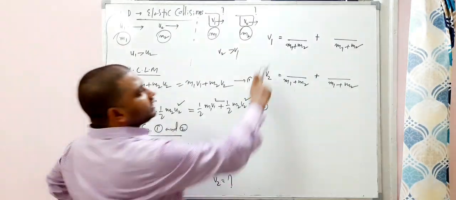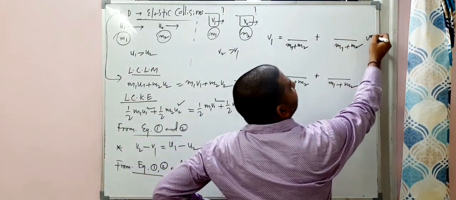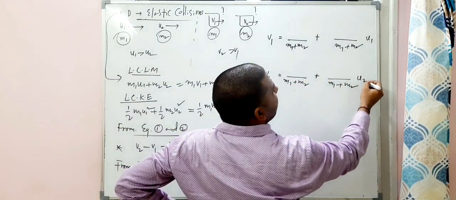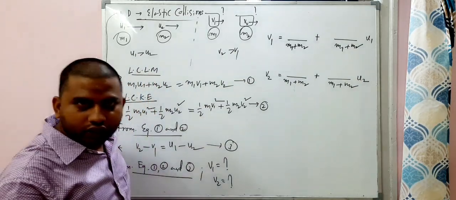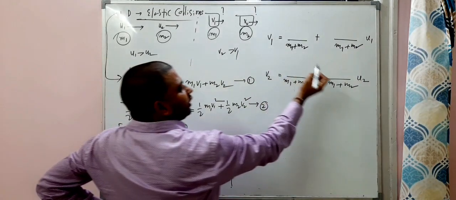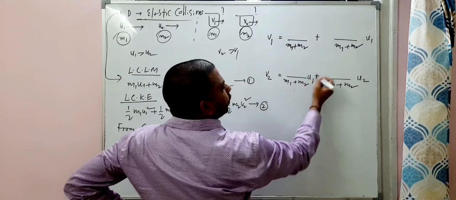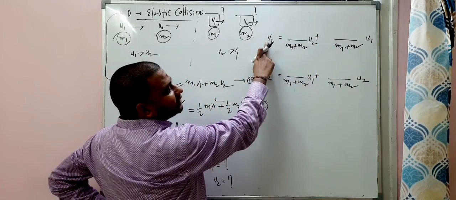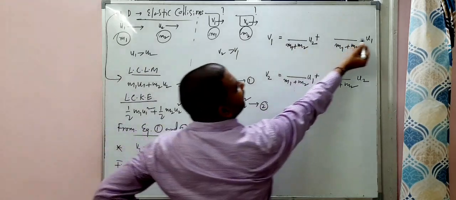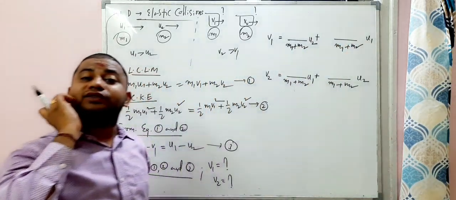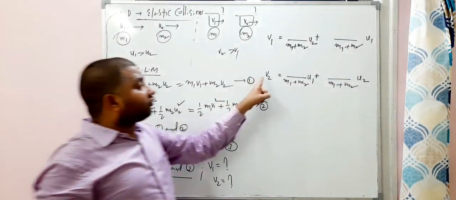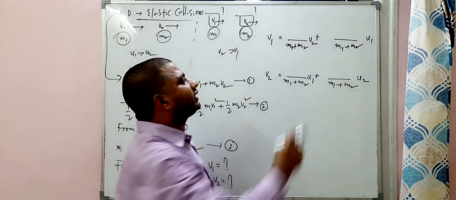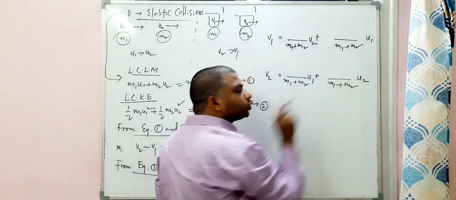Here it is V1, and I am writing it in terms of U1. Here it is V2, and I am writing this in terms of U2. Here U2 and this is U1; here U1 and this is U2, because we are writing final velocities in terms of initial velocities, my dear students. Look here: U2 U1, U1 U2.